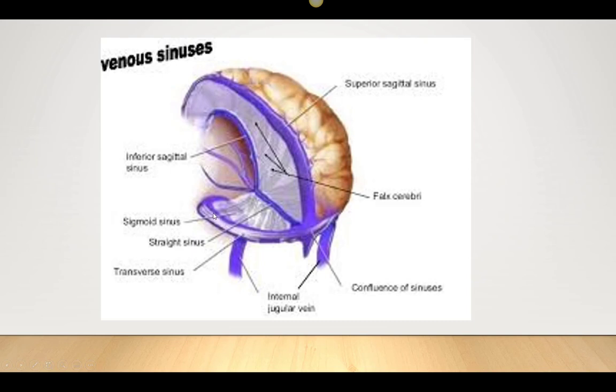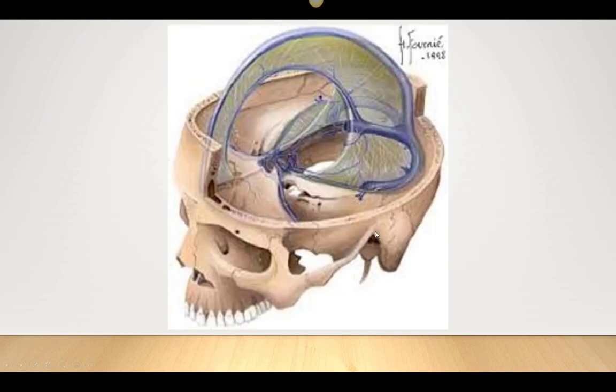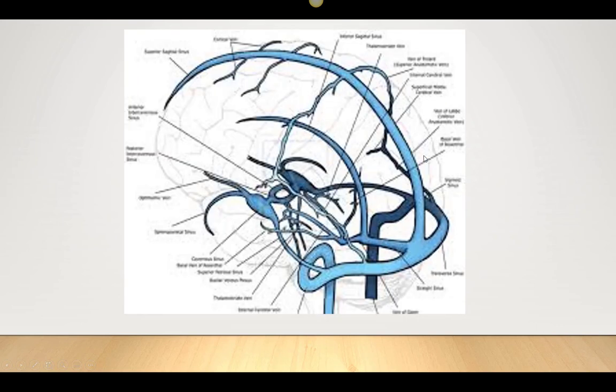You see that the transverse sinus becomes the sigmoid sinus and then continues to become the internal jugular vein here. This is also showing the positions of the falx cerebri and tentorium cerebelli inside the skull. Again, you see all the same structures, and the transverse sinus that here becomes the sigmoid sinus and then passes through the skull through the jugular foramen.